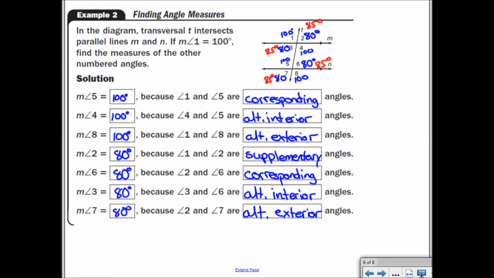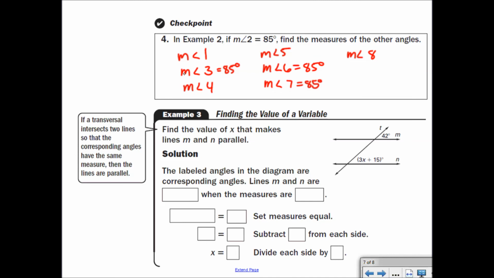Because angle 1 and angle 2 are supplementary angles and have to add up to 180 degrees, the measure of angle 1 will be 95 degrees, making angle 5 95 degrees, angle 4 95 degrees, and angle 8 95 degrees. So the rest of these are all equal to 95 degrees.